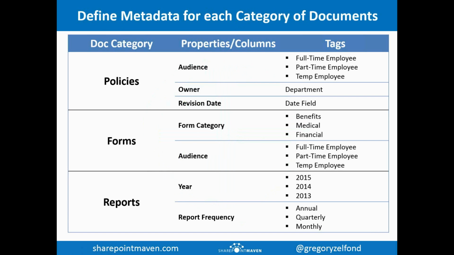Another thing you usually do in this phase is map your files from file shares to SharePoint. This step is somewhat optional, because if you decide to keep your information in folders in SharePoint, the only thing you need to worry about is, where does this stuff go?